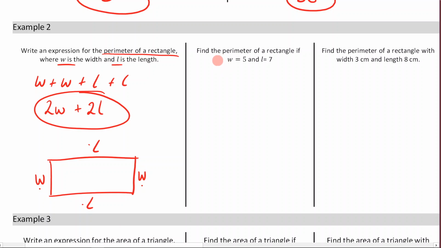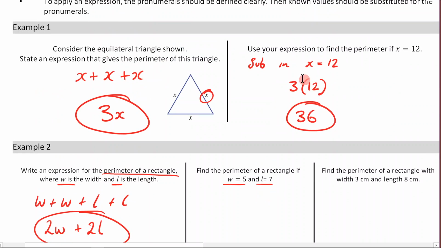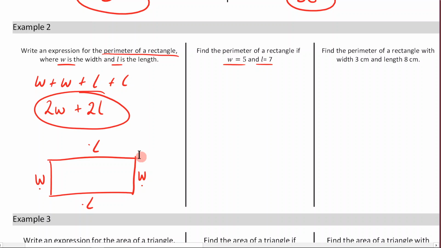The next thing we're going to do is find the perimeter of a rectangle if W is equal to 5 and L is equal to 7. Similar to what we did up here, I'm going to sub these values into the expression. Sub in W equals 5 and L equals 7 into the expression, and by doing this we'll find our perimeter.